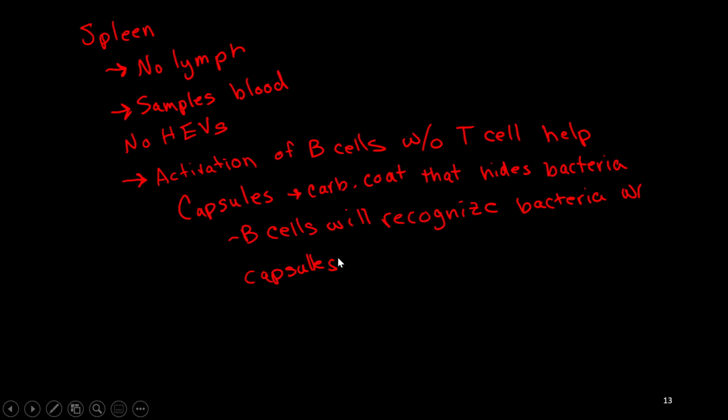This is why certain individuals that have no spleen, because it was ruptured or removed for whatever reason, are going to be more susceptible to blood-borne pathogens that have capsules, because they don't have an immune system that's as good at fighting these bacteria as others.